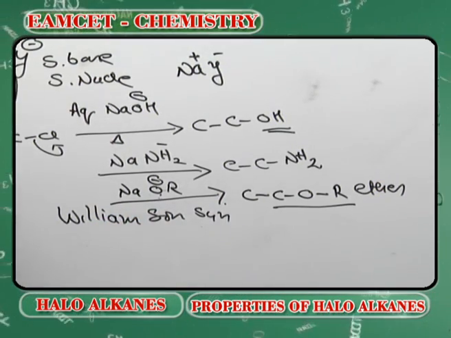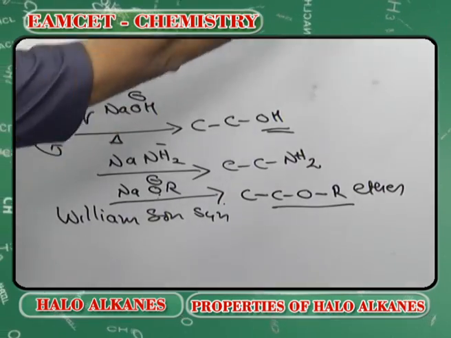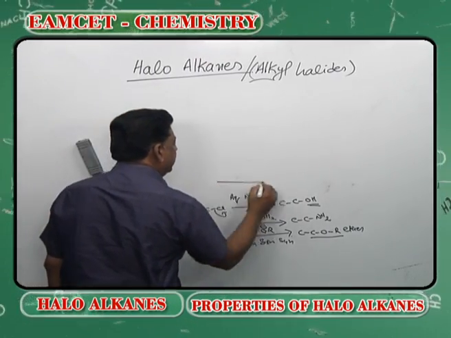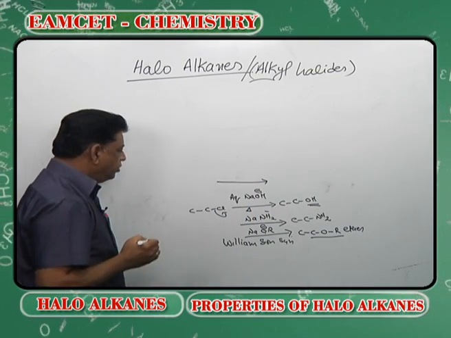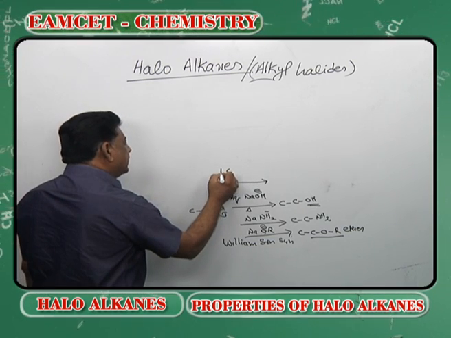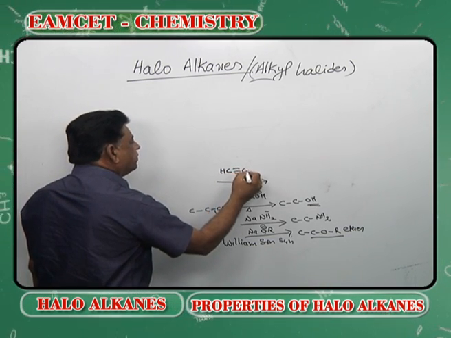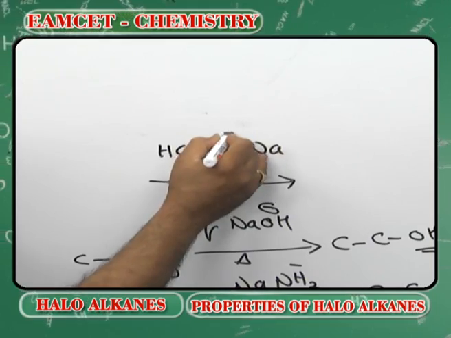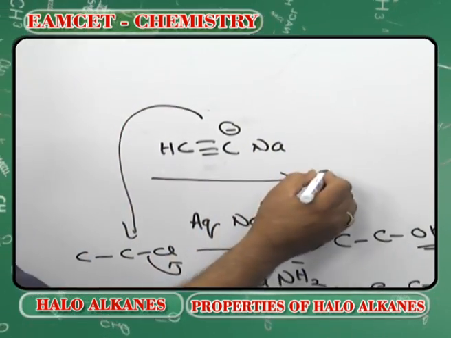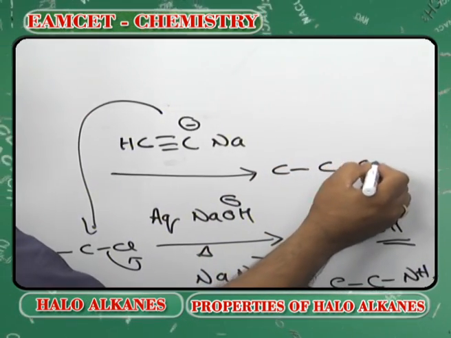Similarly, the alkyl halides can be replaced by a variety of other nucleophiles. We will extend this reaction to the other side. If the nucleophile is the sodium salt of acetylene, the acetylide will replace this halogen and you will get alkylation here.